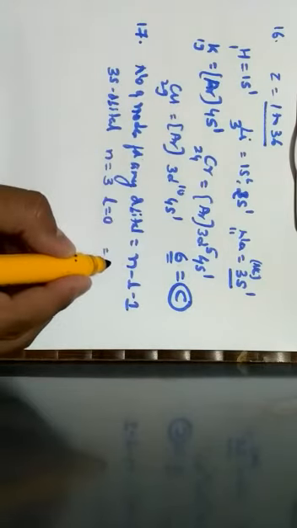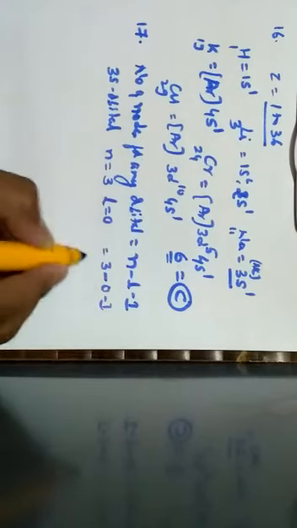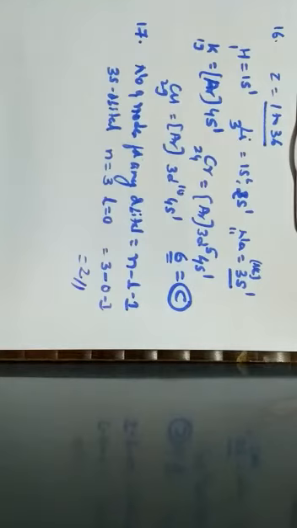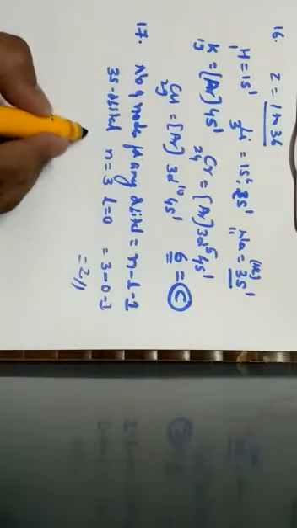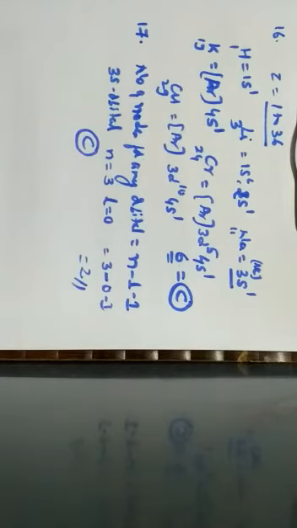Therefore, the number of nodes is 3 minus 0 minus 1, which is 2. They have given it as 3, so this is the wrong statement. That is option C. Next, the radius of the first orbit of helium is half that of the first orbit of hydrogen atom. Yes, that is also true. Hence, the wrong statement is the third statement, C.